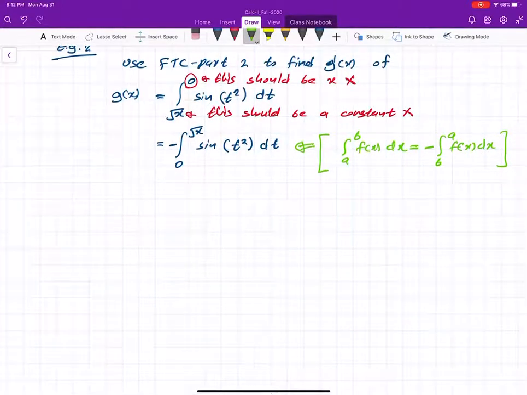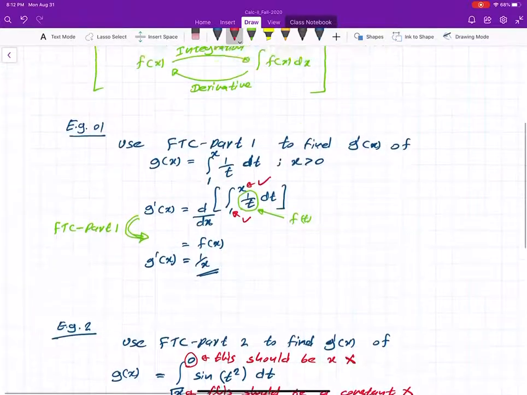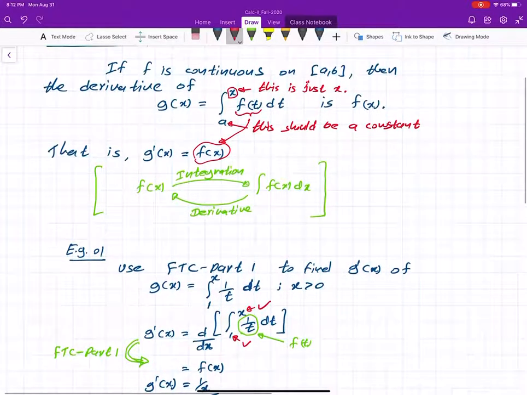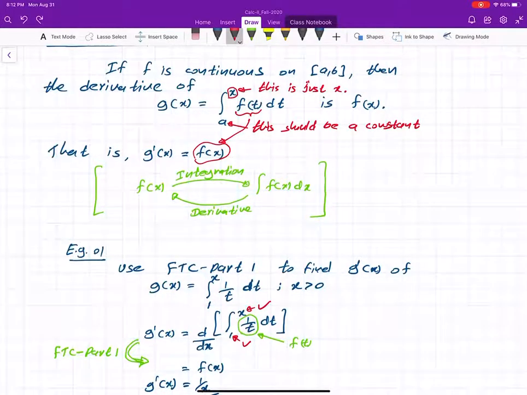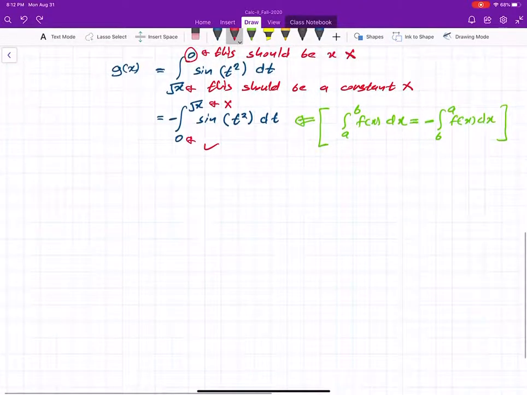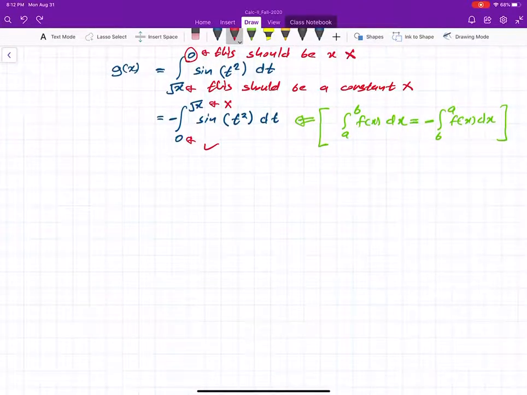Now again check the lower and upper limits. Here the lower limit is fine because it's a constant. But the upper limit is still not right, because the upper limit should be just x. The lower limit should be a constant. So we have to work more to get the upper limit.